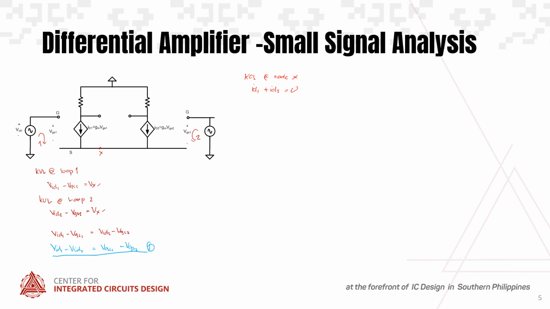Okay, we have GM1 VGS1 plus GM2 VGS2 equal to 0.